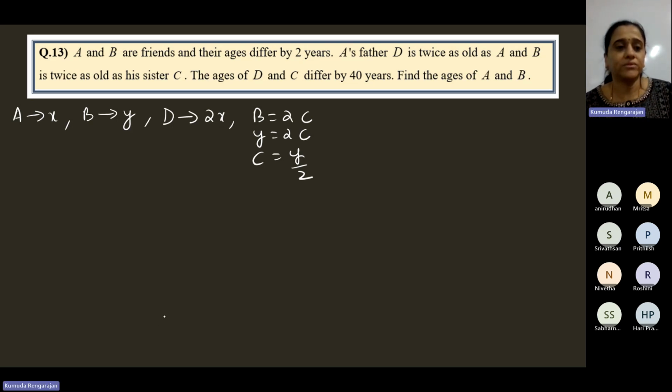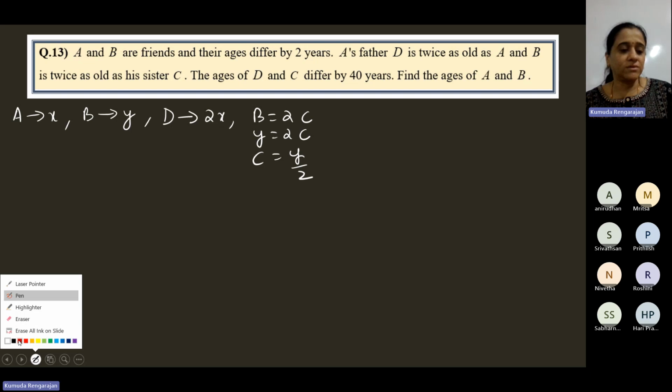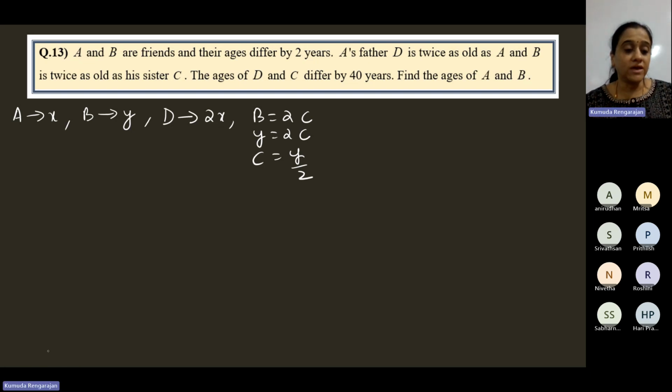Now, all this is only assumption, and we constructed an equation because their ages differ by 2 years. So X minus Y is equal to 2 if X is elder, meaning A is elder. Y minus X is equal to 2 if B is elder.